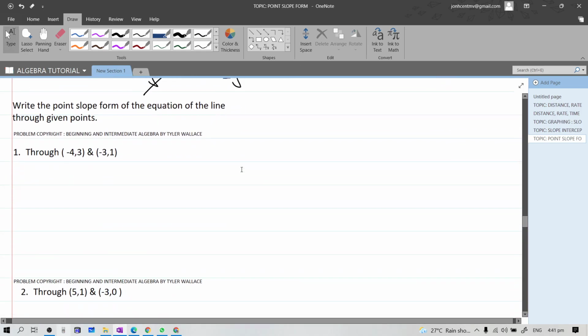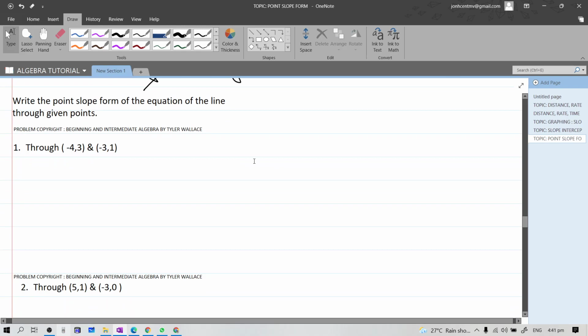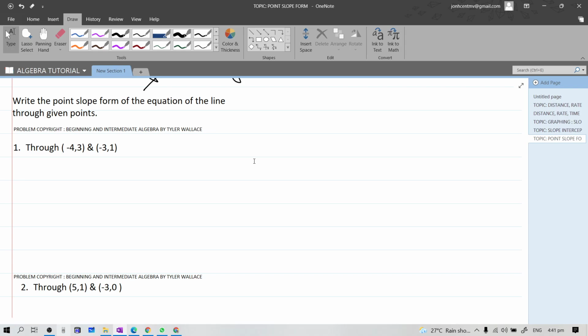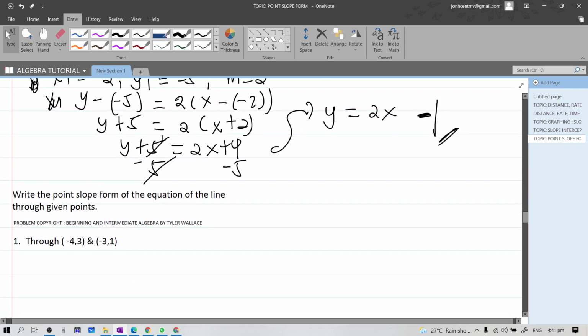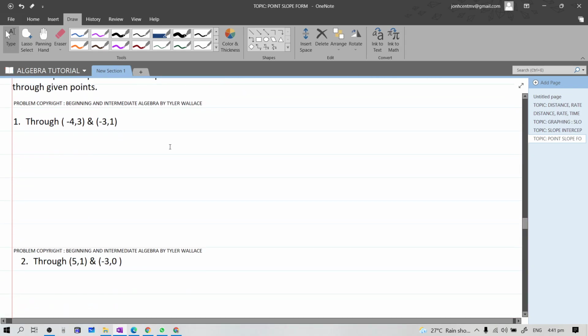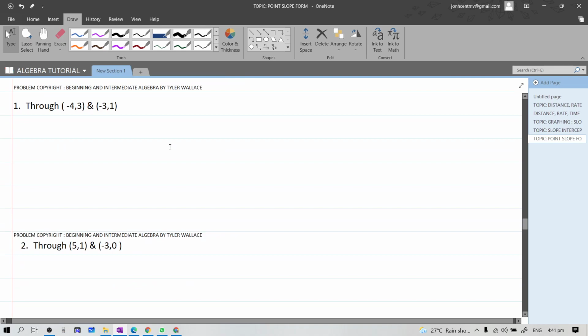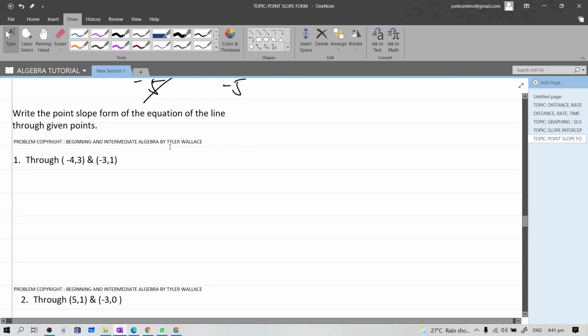Next, iba naman yung ating gagawin. Dito naman, may dalawang involved na points. Okay, so dito, since iba naman ang ating gagawin, point slope form pa rin, may given tayong points. So notice, meron tayong dalawang set ng points.